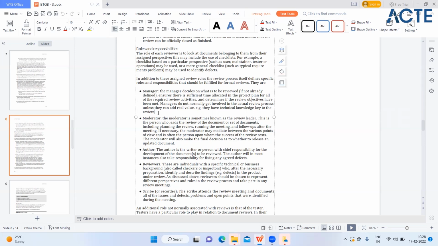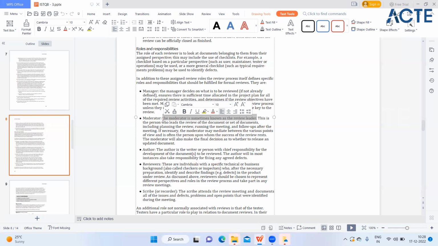Now we have the second person, who is the moderator. The moderator is sometimes known as a review leader. This is important: review leader and moderator are the same. The review leader is not the author, remember. Review leader is different, author is different.